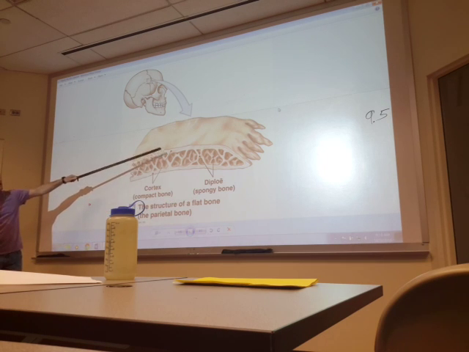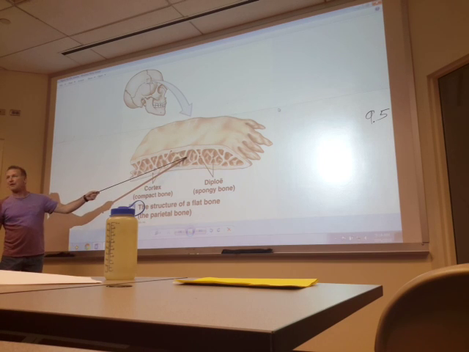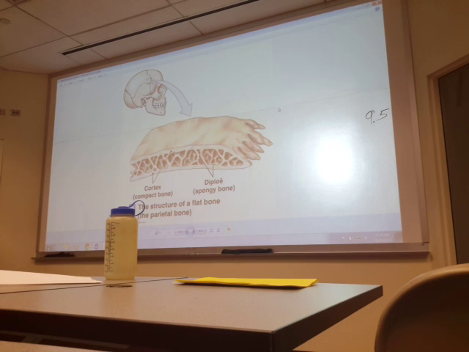So you've got compact, spongy, compact. In the spongy bone, you have red bone marrow, just like you have in the spongy bone of a long bone.